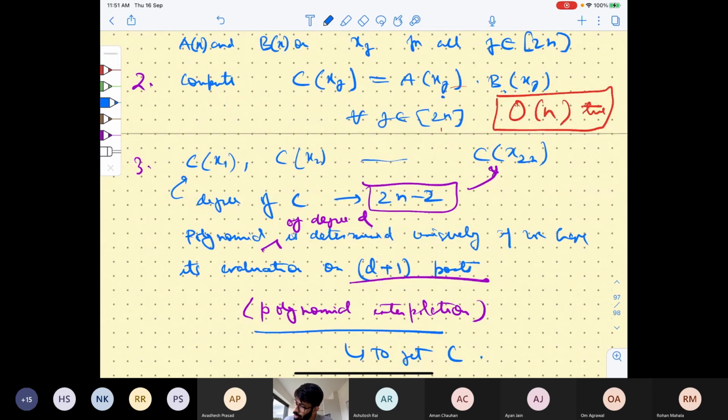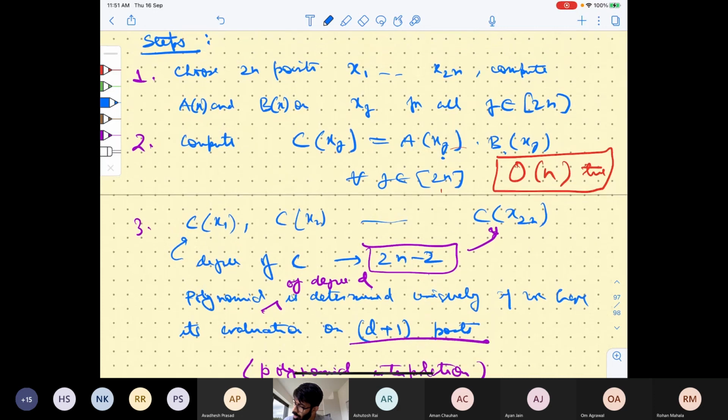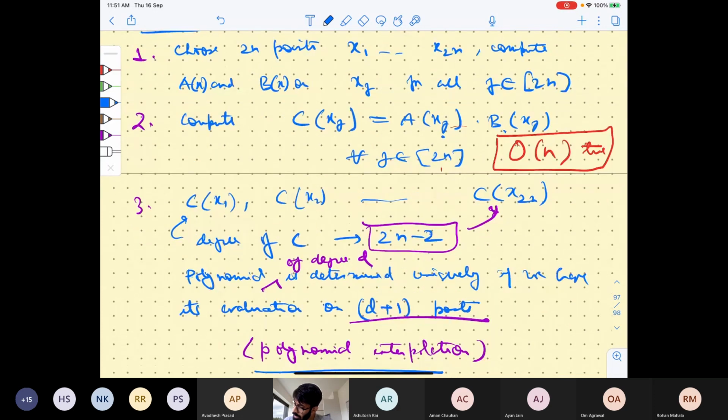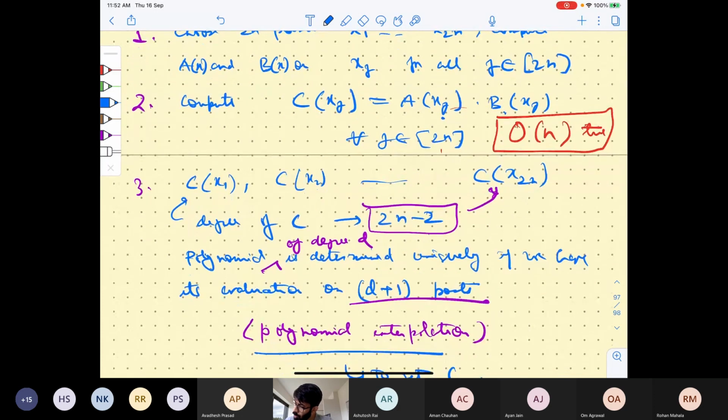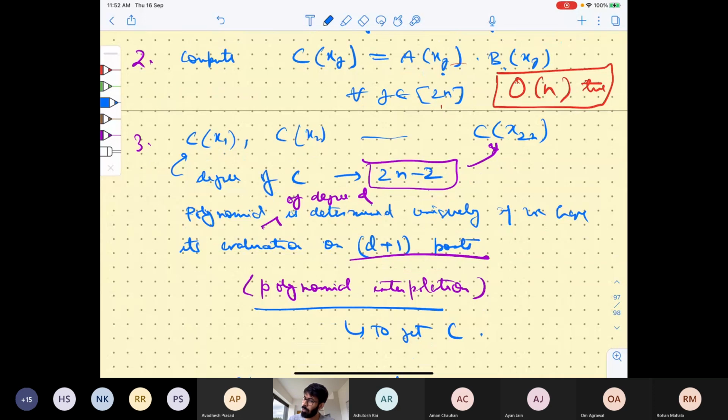Yeah, I think so too, because C has degree 2n minus 2. Yeah, it should be fine. I'm not sure. I can clarify this tomorrow much better, but I think it can be done with 2n minus 1 also. But that does not make any difference asymptotically. Yes, I'll have a look whether this 2nth point is necessary or not. Maybe not.